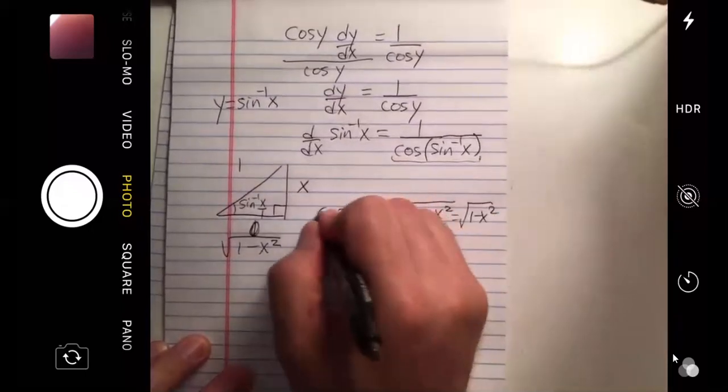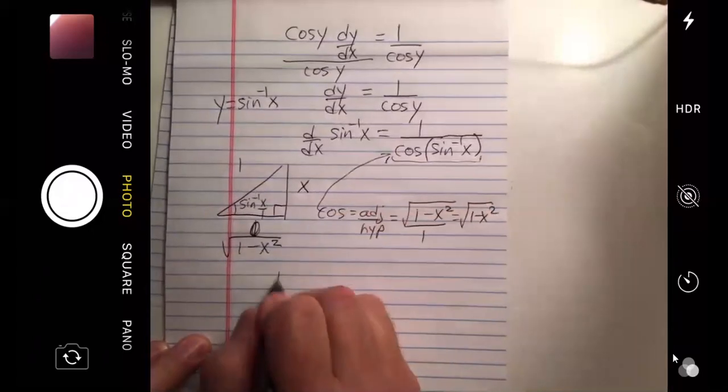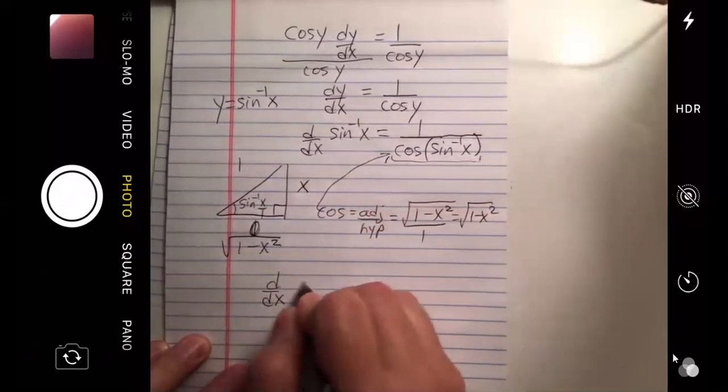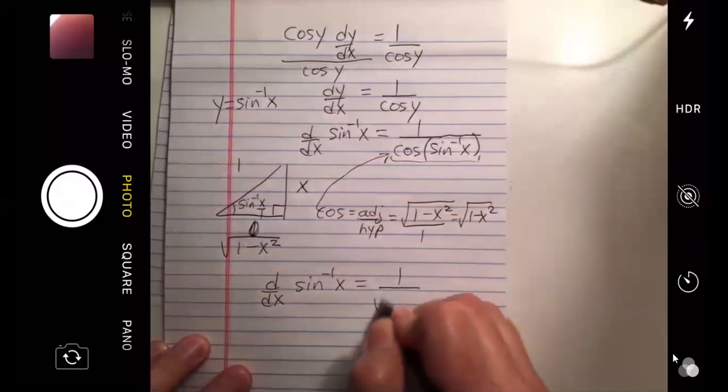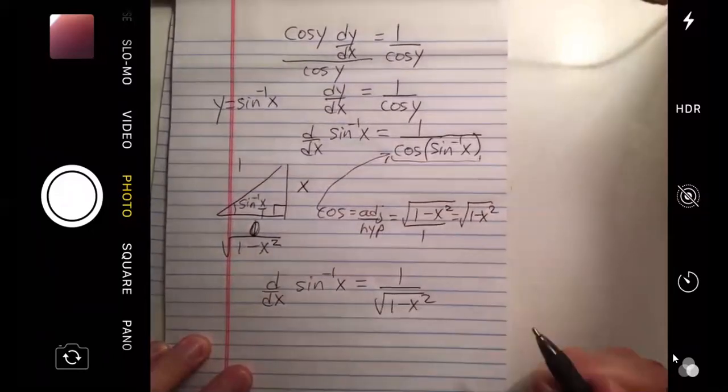And that goes in right here on the bottom, meaning d dx of arc sine x is 1 over the square root of 1 minus x squared.